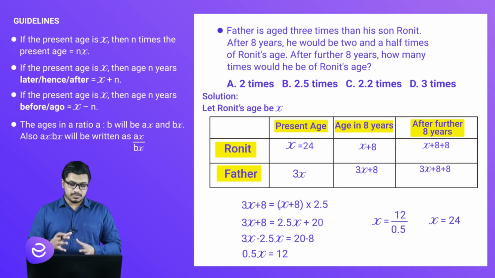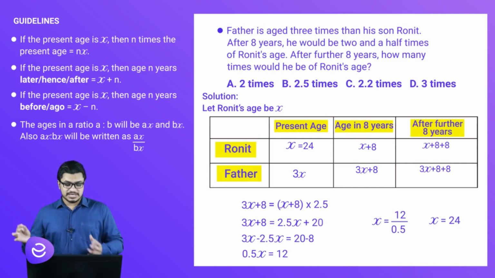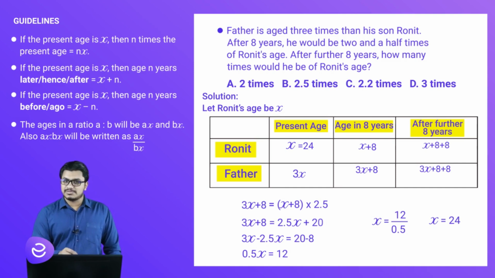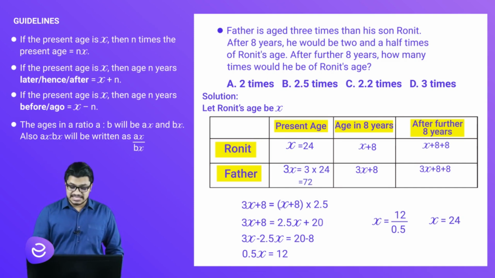Now we know every other age based on x. X is there in every column, so we can substitute all the x's as 24. So Ronit's present age becomes 24. Father's present age is 3x, so it becomes 3 into 24, which is equal to 72. Now the next column, age in 8 years.